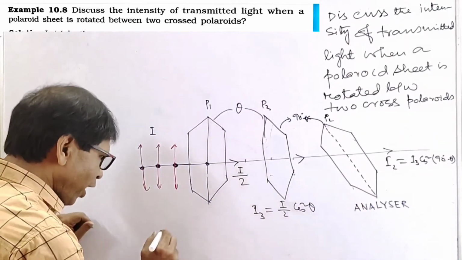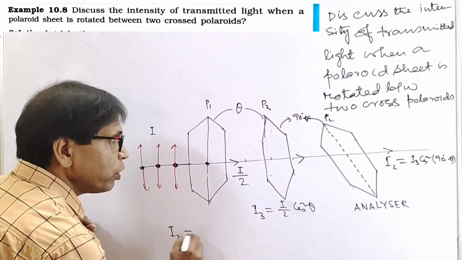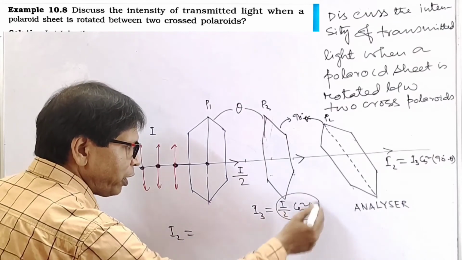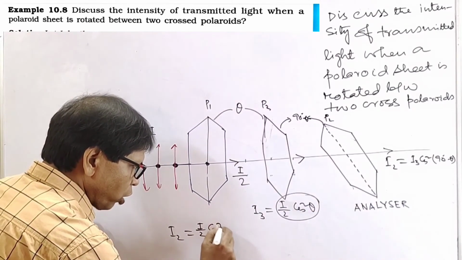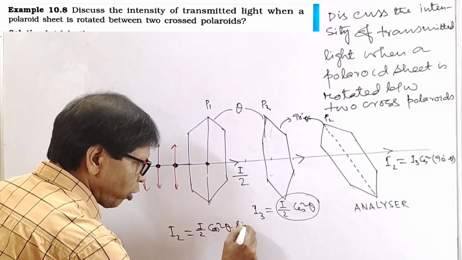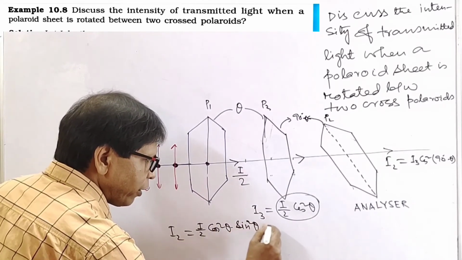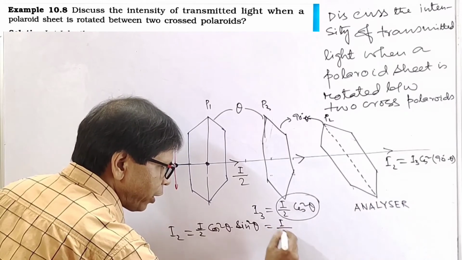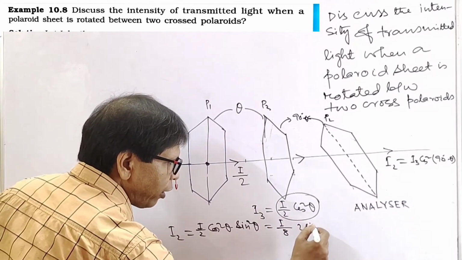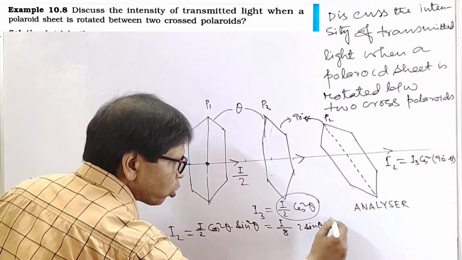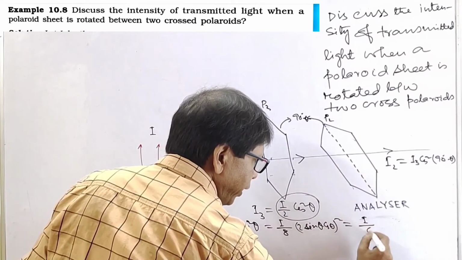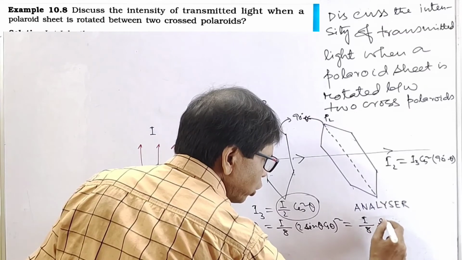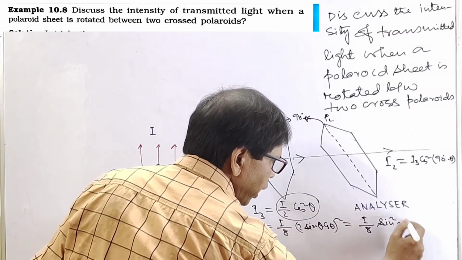So I2 becomes I by 2 into cos square theta into sin square theta, which is I by 8 into sin theta cos theta whole square times 4, that is I by 8 sin square 2 theta.